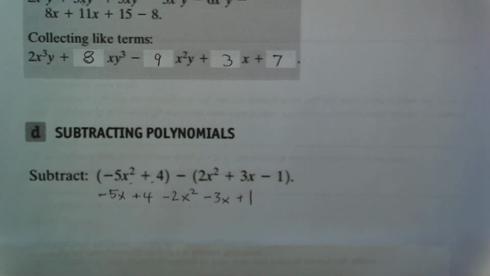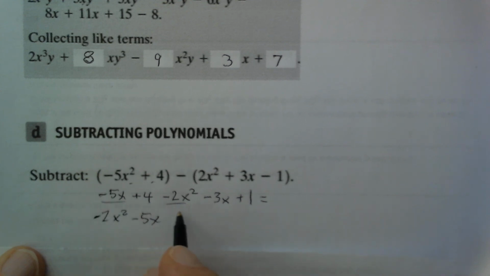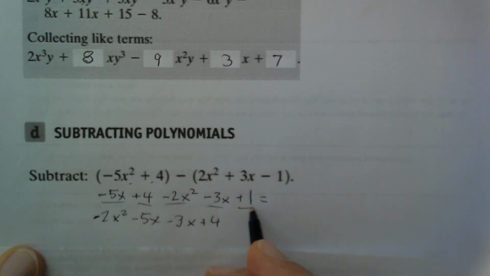And now we look around and we look for like terms. So first of all, we have minus 2x squared. Start with the highest power first, minus 2x squared. And then there's a minus 5x. And then there's a minus 3x. And then there's a 4. And there's a plus 1.